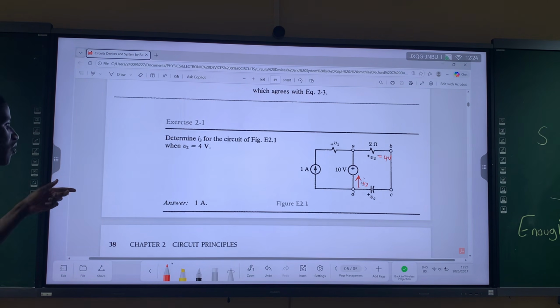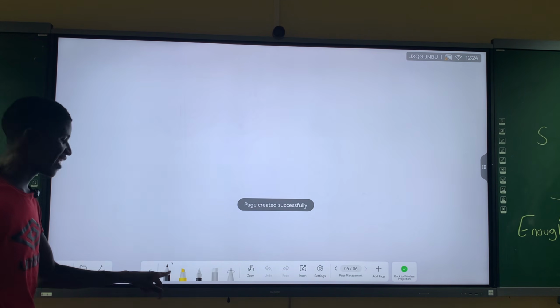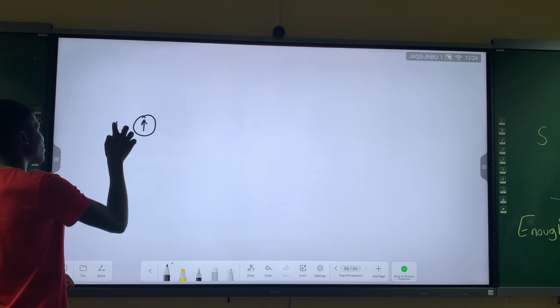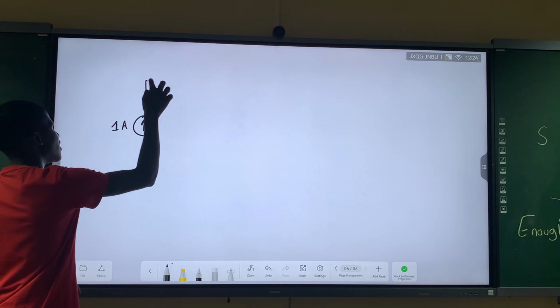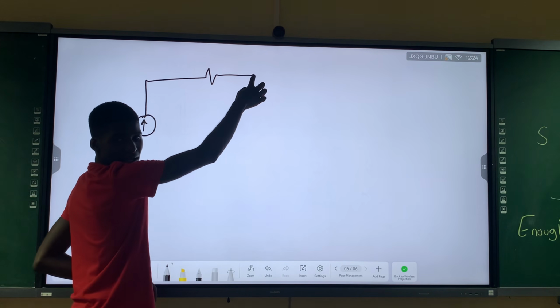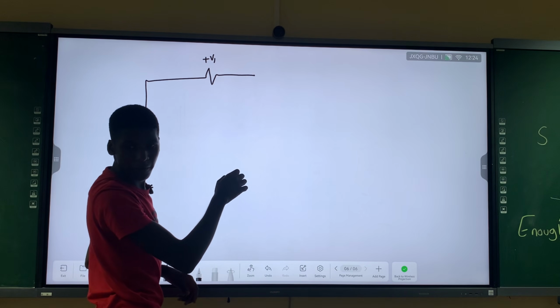Okay, let's just redraw the circuit. So we have got our current source producing a current of 1 ampere, and then we have got our resistor having a positive voltage V1.